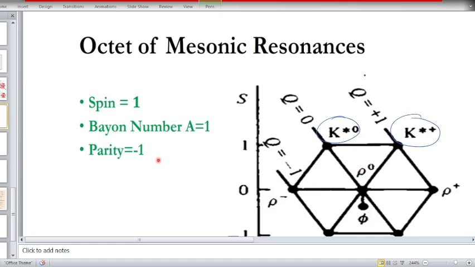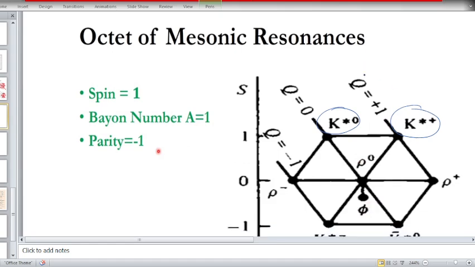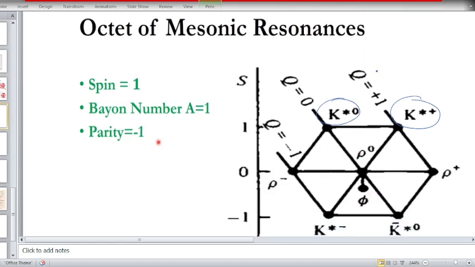All these are resonance particles. These are extremely short-lived particles that you cannot detect easily because they have a very short lifetime. They produce some kind of disturbance in their surroundings, and from that disturbance you can predict the presence of those particles. That's why it's called a resonance particle.